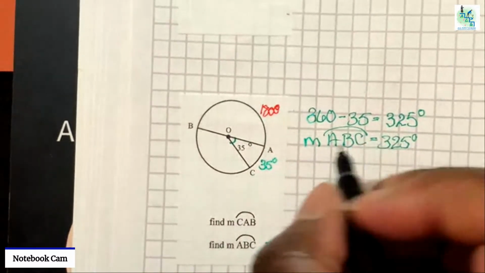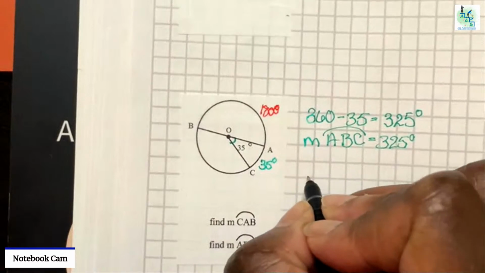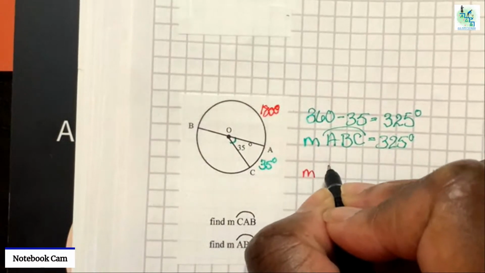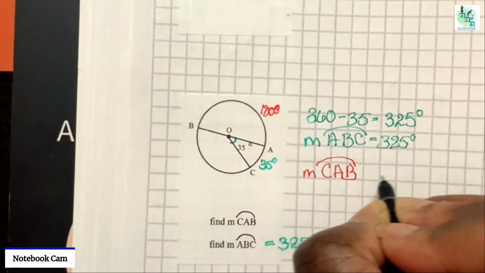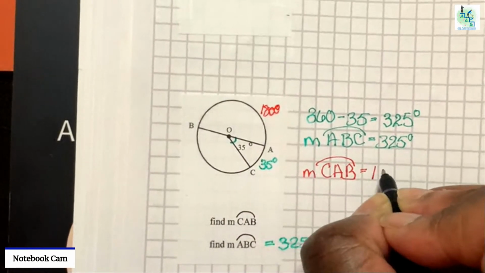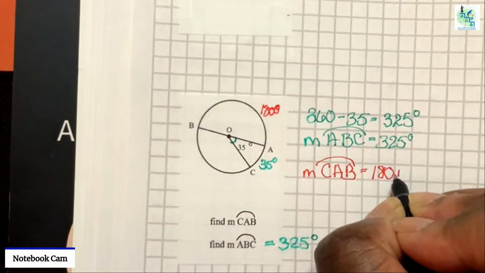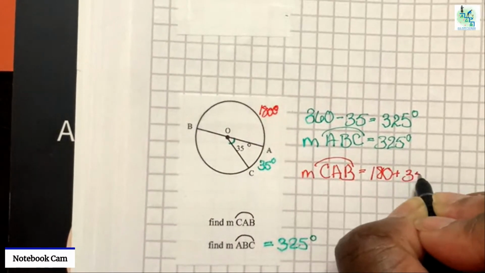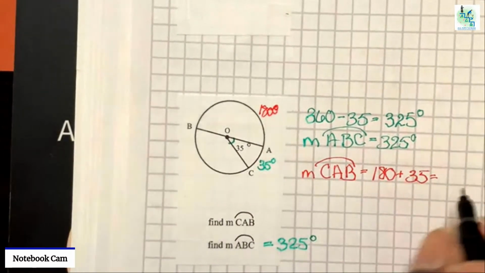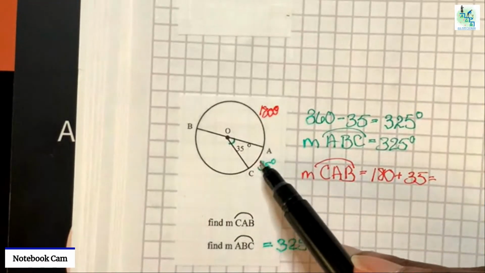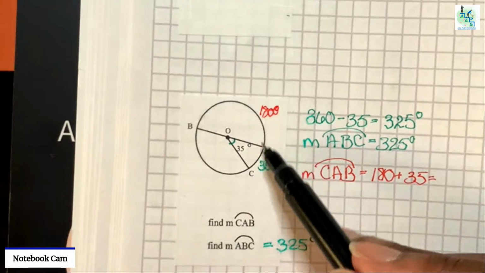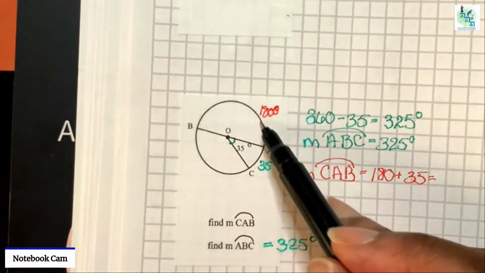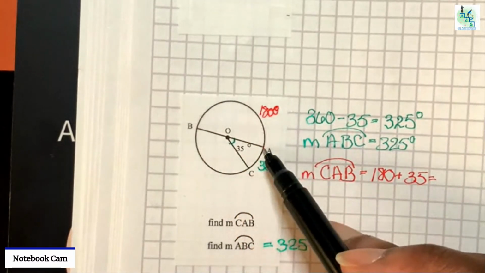Okay. So that means we got our measure of CAB. So that means we have our 180 plus our 35. Right? Because remember, we're just taking this small piece right over here, and then we're tacking on to that half or that semicircle.